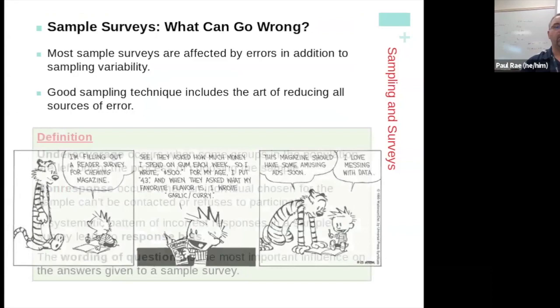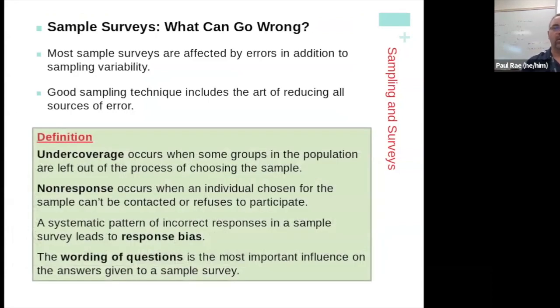But there may be some things that can happen that aren't really sampling errors, and we need to know what those are too. Undercoverage is a great example of a non-sampling error. It has to do with when the people you're sampling from aren't really representative of the entire population. So you've missed a segment of the population, for example. And that's called undercoverage.